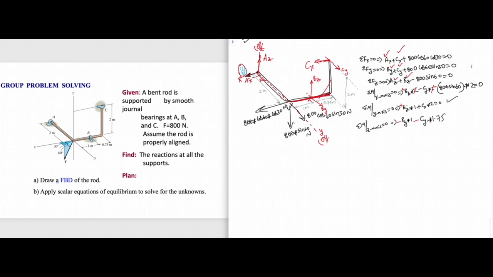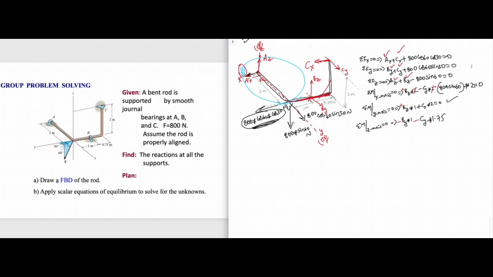What is the moment with respect to z-axis? The line of action of 800 cos 60 sin 30 passes through the z-axis, so that will not have an effect. But we will have an effect of 800 cos 60 cos 30, and that is going to rotate clockwise.